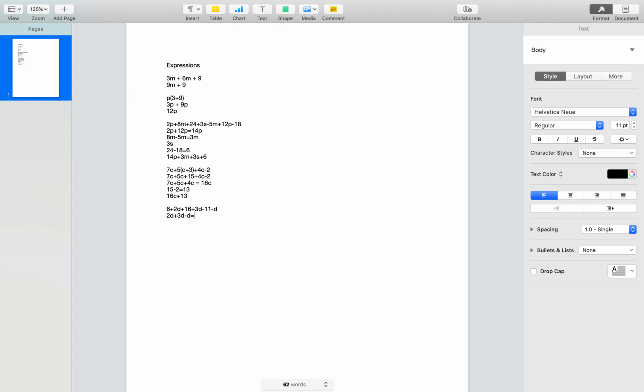So 2d plus 3d is 5d minus d is 4d. Then we go down to the next one, and we have 6 plus 16 minus 11. And that gives us 11. So your answer should be 4d plus 11.